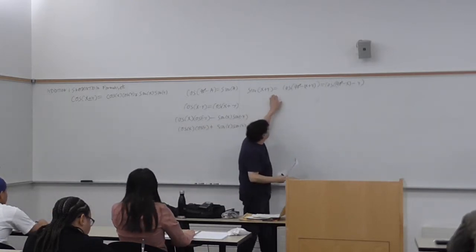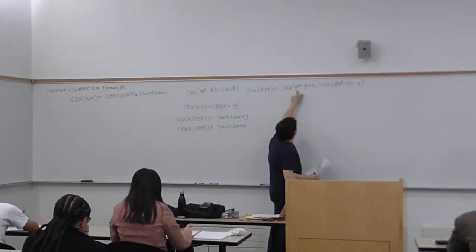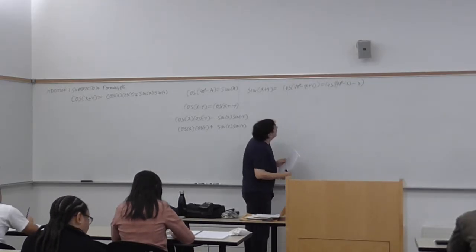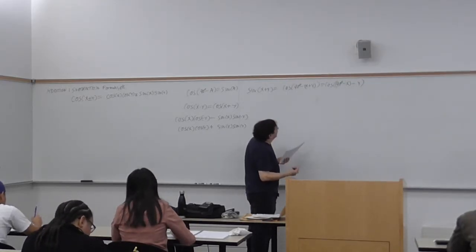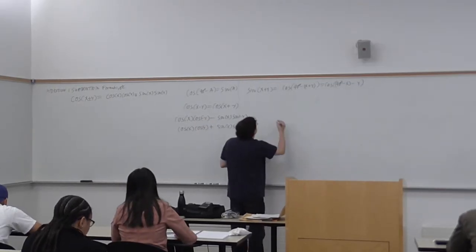Back to my sine of x plus y. I needed cosine of something minus something. Okay. So cosine of 90 degrees minus x minus y, let's apply that second formula.